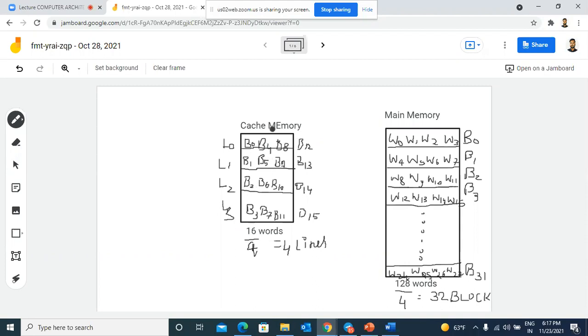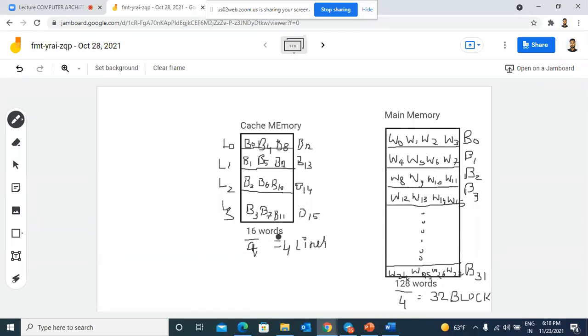The first technique is direct mapping. The simplest technique, known as direct mapping, maps each block of main memory into only one possible cache line. Understand this line?